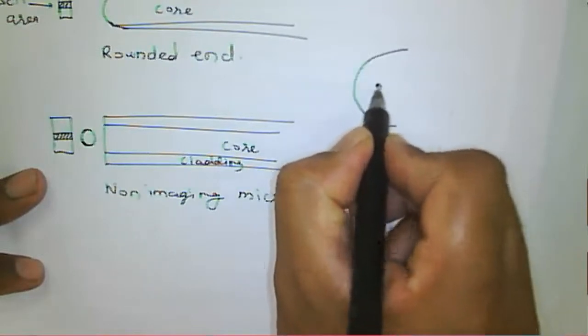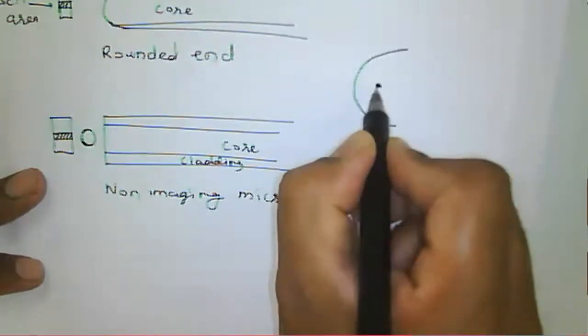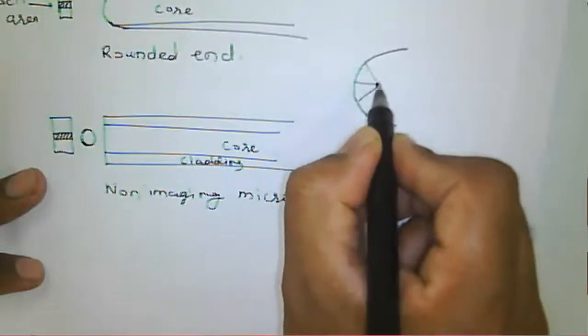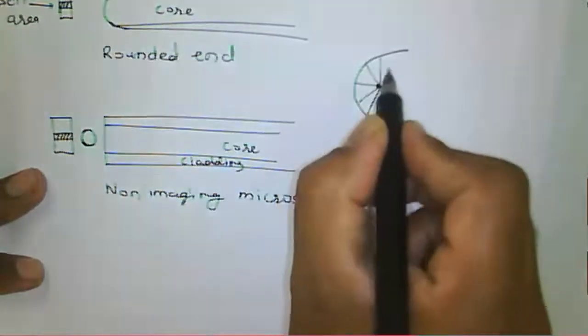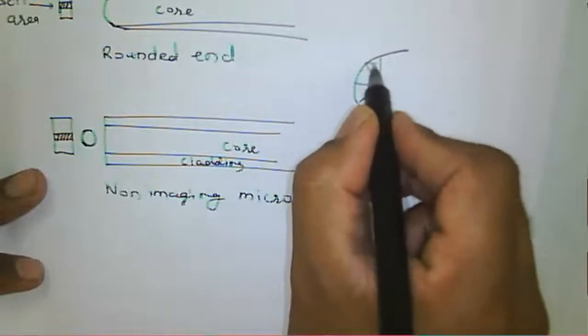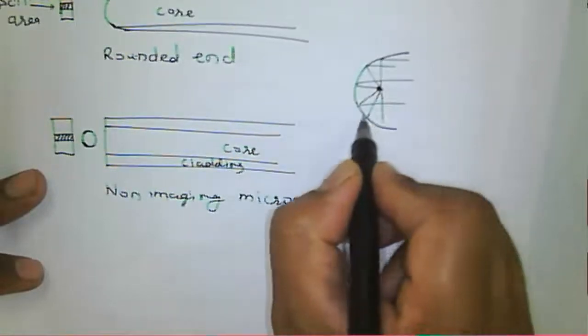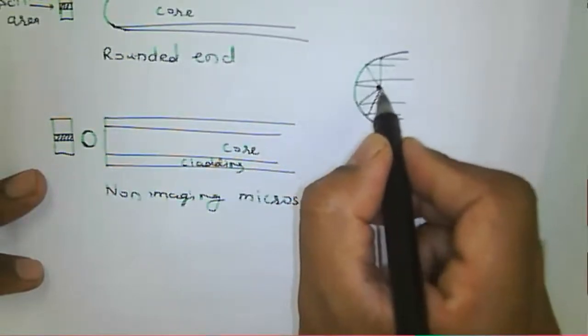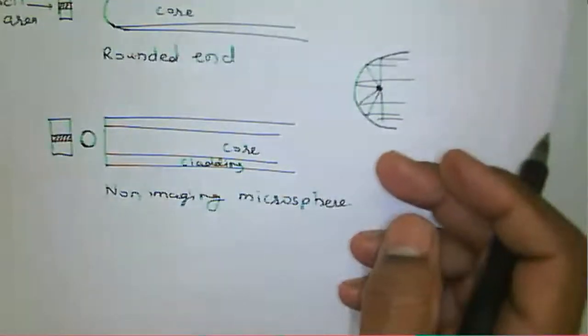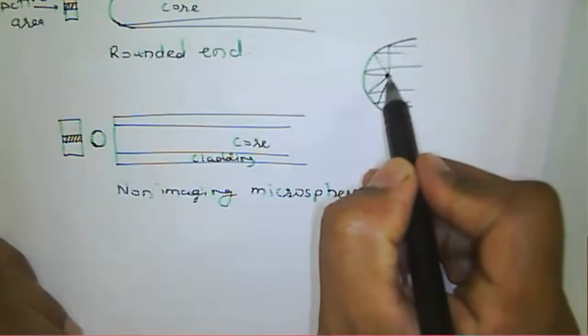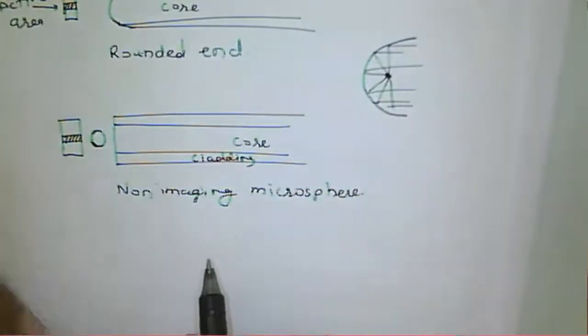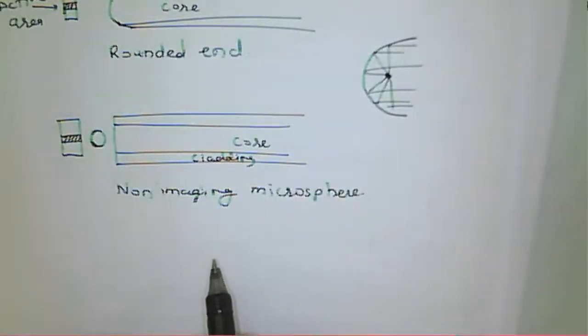If this focal point is the emitter, it emits light. And if this is a reflector, it will be reflected. So at a point here, all the incoming or outgoing signal has one particular source. That is a focal point.